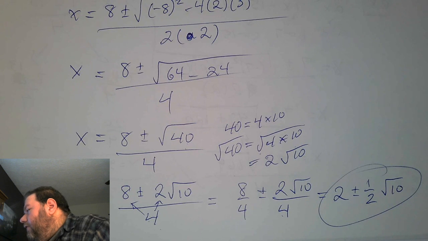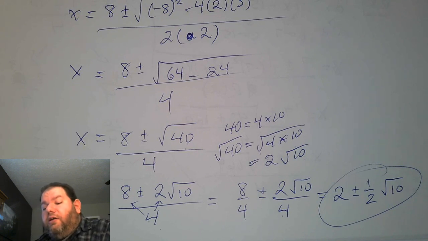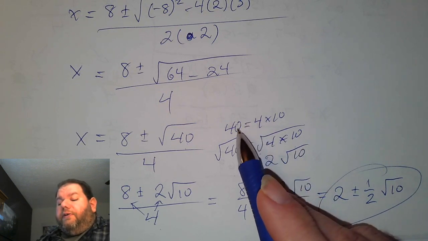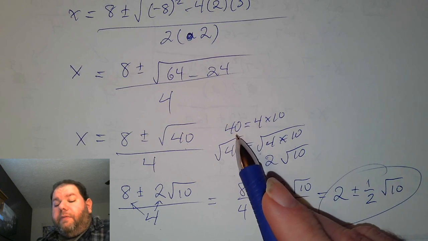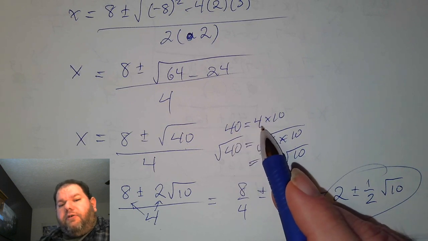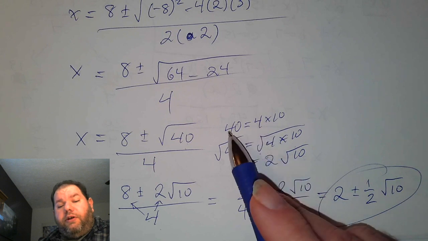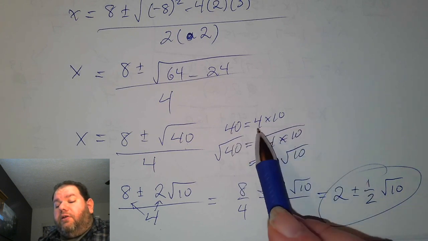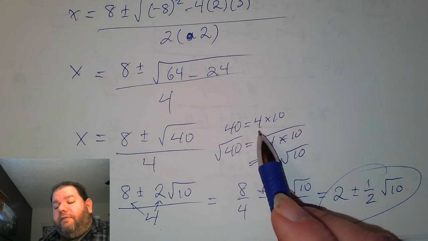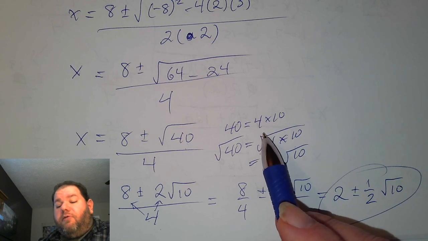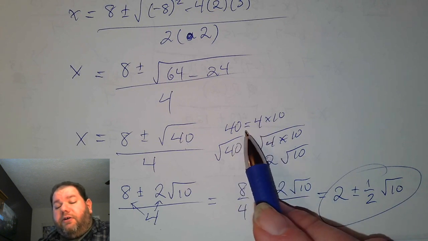How do you get 2 square root of 10? Okay, well, we said 40. 4 is one of the factors of 40, so you can think of 40 as 4 times 10. The reason I wanted the 4 specifically is because it is a perfect square and it's a factor of 40.